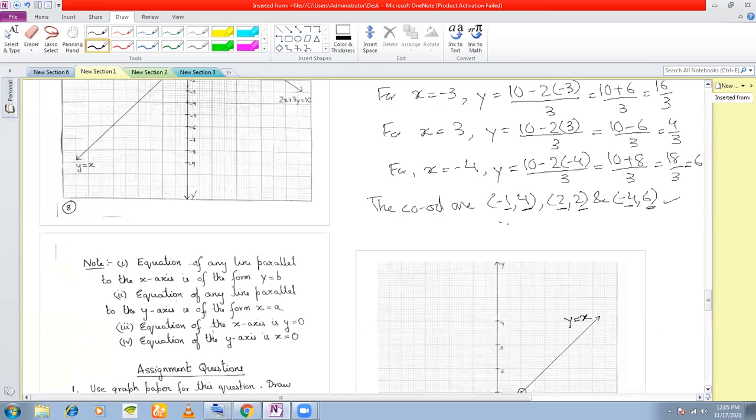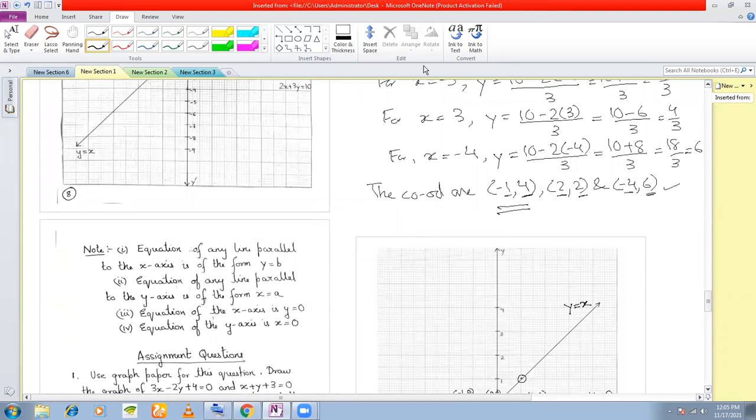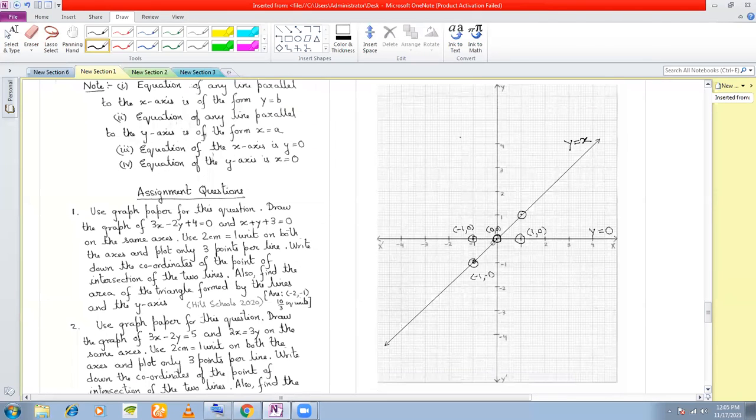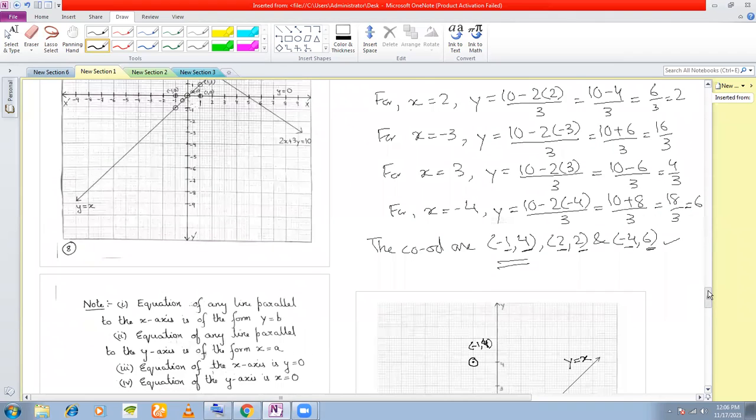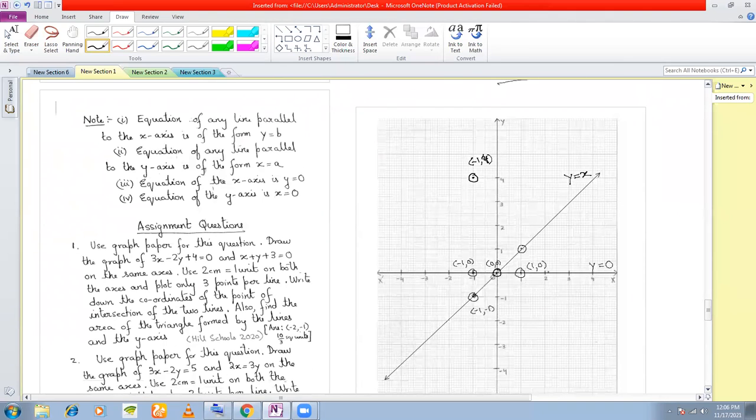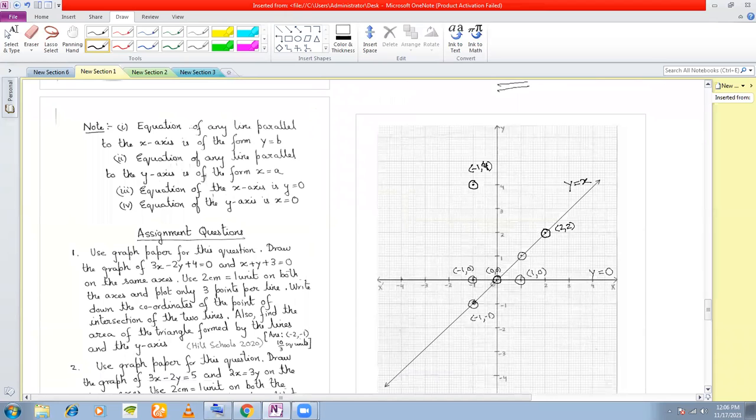Let us see the third one. What are the coordinates here? -1, 4. So let us plot the first point, -1, 4. So you have -1, 4 here. Next point is 2, 2. So we'll plot 2, 2 here. 2, 2 is here. And next you have -4, 6.